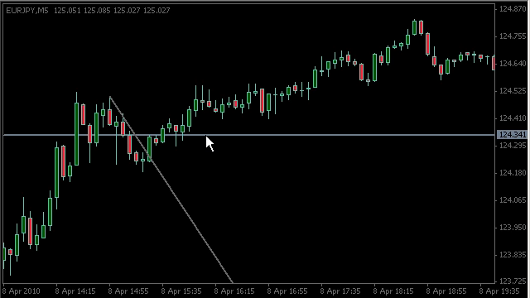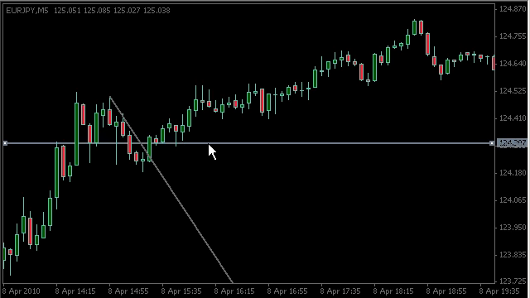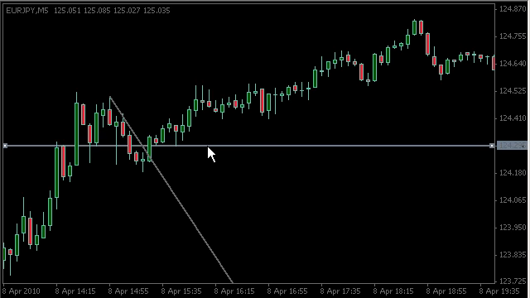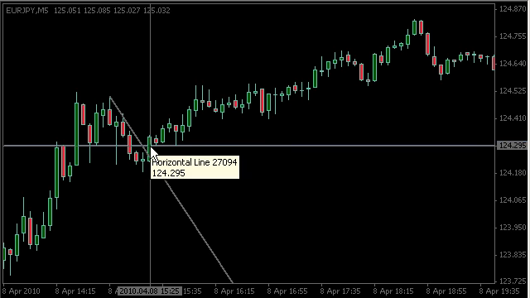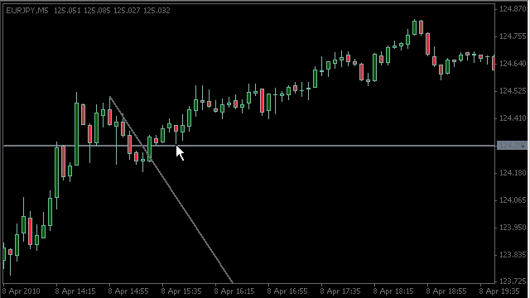So we enter the trade on a break just there. Now the trade goes into profit, and if I measure what the profit might have got to without coming back to break even, it's gone up to 12 pips. Okay, now the fact is that even though it's gone 12 pips in profit, it then comes back to your break even point.